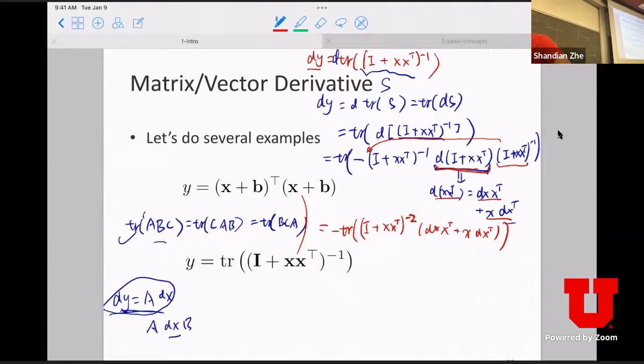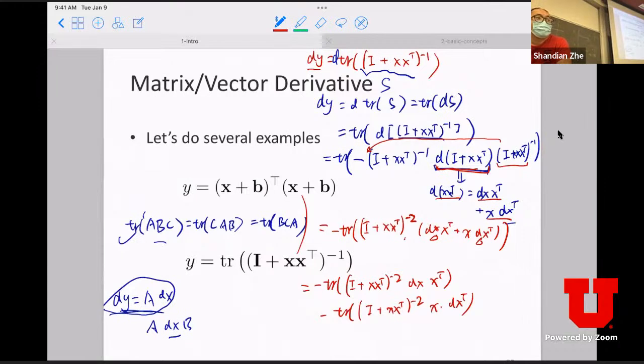So now let us look at it one by one. We can view it as this guy times this guy, and this guy times this guy, so we can do it one by one. Let me put it down: minus trace of (I plus x x transpose) to the -2 dx x transpose, minus trace of (I plus x x transpose) to the -2 x dx transpose. This assumes that you know trace of A plus B is trace A plus trace B. This is also intuitive.